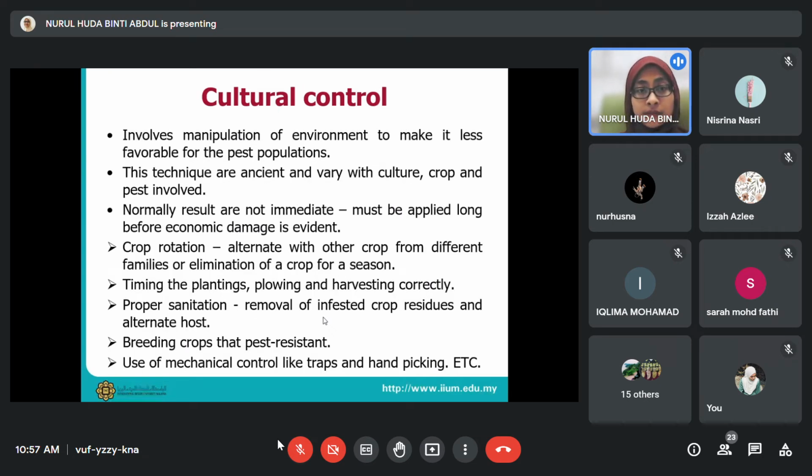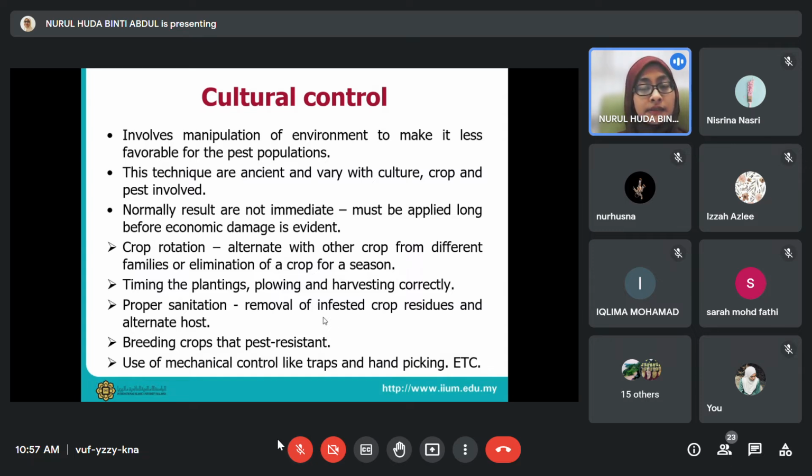So for cultural control, it's involved manipulation of environment to make it less favorable to pest population, meaning you didn't directly kill the pest. It's just that you change environment dekat mungkin your punya kebun so that pest tu tak akan datang dekat your kebun. So that's how the cultural work.